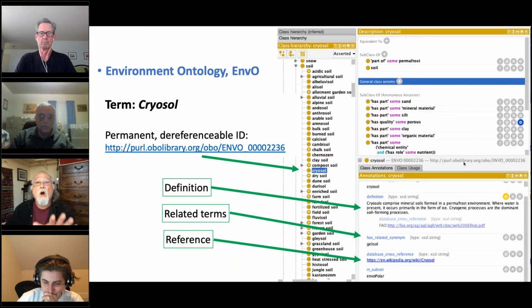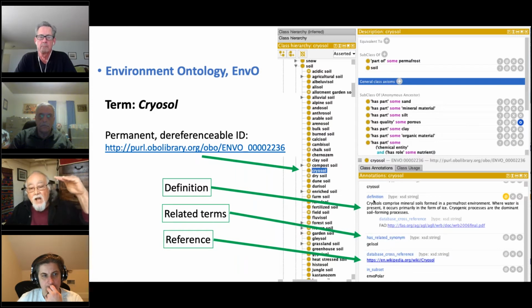This is a view, again, of using an application called Protege of what cryosol is in the environment ontology, where we've defined it. Now, this term definition, that's also a very standard structure in ontologies about how you specify this is the slot where you find the definition of the term. You can see that it's got a related synonym.